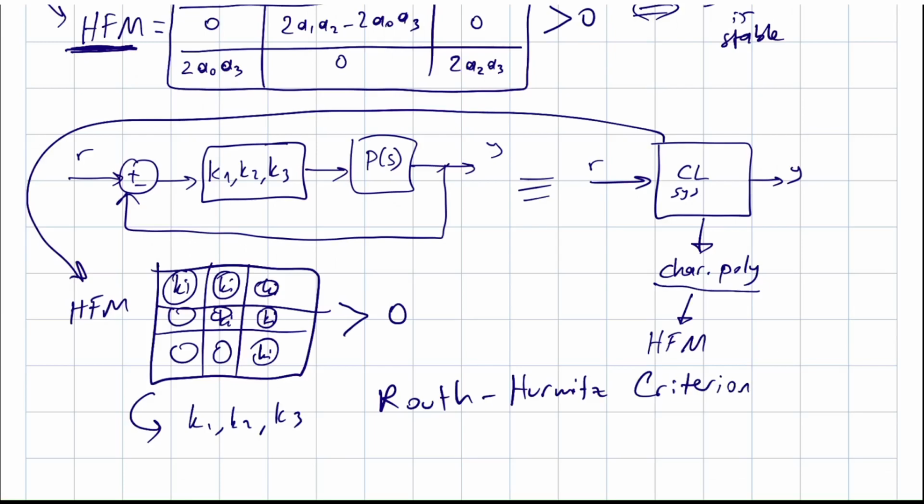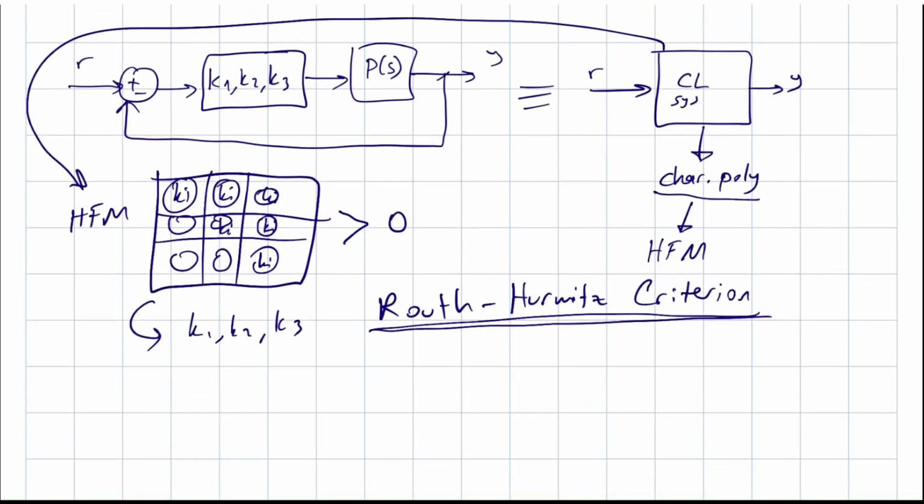This Hermite-Fujiwara matrix and the Routh-Hurwitz criterion are closely related, but in my opinion the Hermite-Fujiwara matrix process is something that can be described as more algorithmic. Let me tell you this as well.